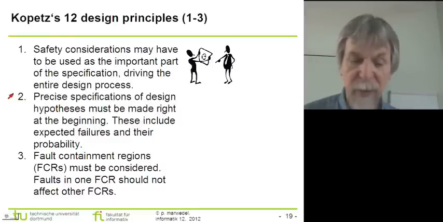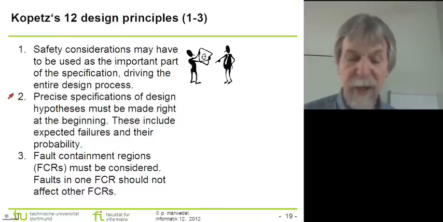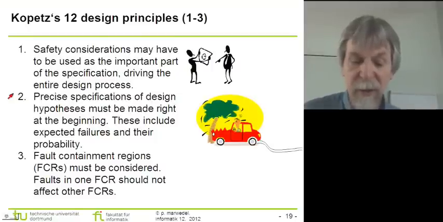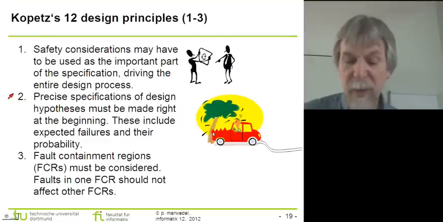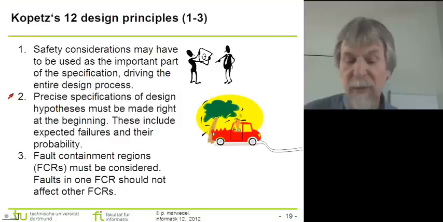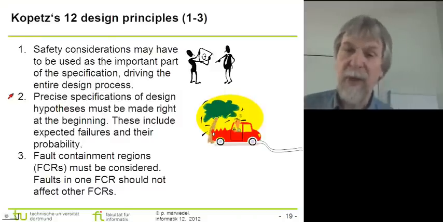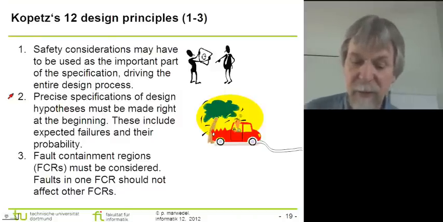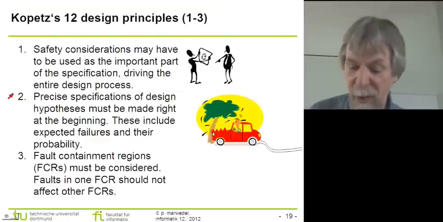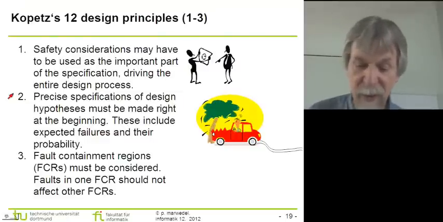Then furthermore, precise specifications of design hypotheses must be made right at the beginning. These include expected failures and their probability. So for example, if we design a car, we must take into account that somebody could drive the car against a tree, and we have to consider the impact of such an incident.